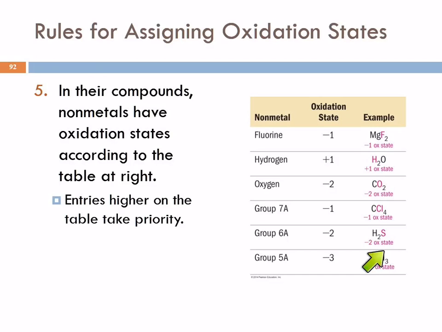Yeah, so ammonia is a neutral molecule. It doesn't have ions, it has covalent bonds. And so nitrogen gets to be an oxidation state of -3 in this compound, but it doesn't actually have a charge of -3.